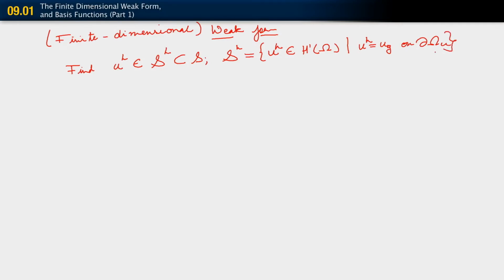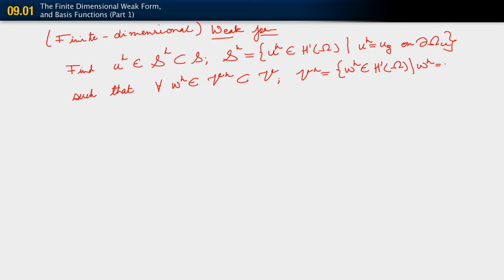Okay, so find u^h of this type such that for all w^h belonging to V^h subset of V, okay, where now V^h consists of all weighting functions also to be picked from H1 functions and satisfying the homogeneous Dirichlet boundary condition.